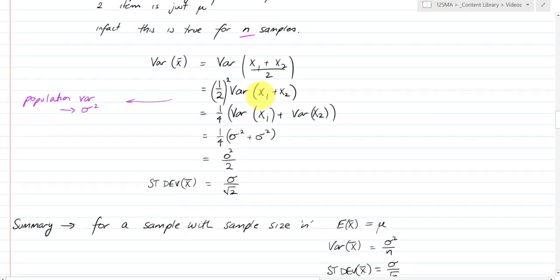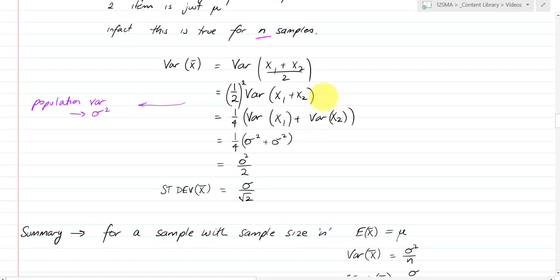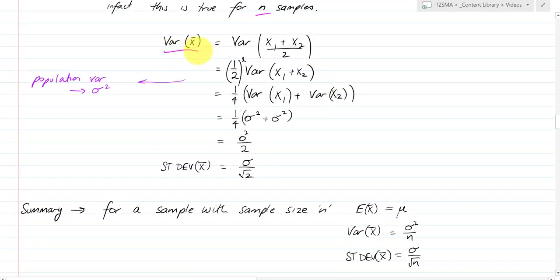Now let's have a quick talk about our variance. The variance of our sample mean, the variance of x bar, and I'm just doing it for n equals 2 at the moment, is equal to the variance of x1 plus x2 over 2. And again, I can take that half at the front. Remember that the variance of ax is equal to a squared times the variance of x, that rule from Maths Methods.